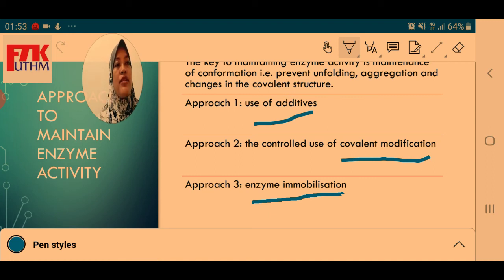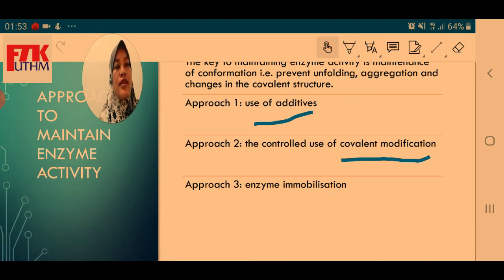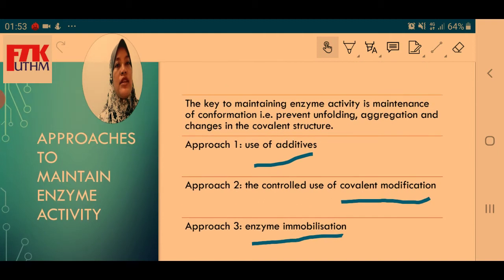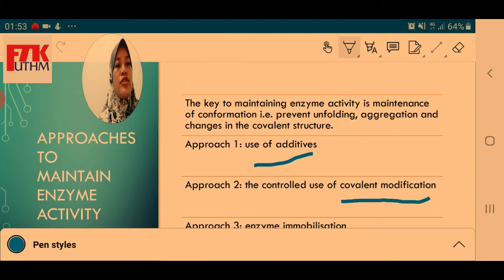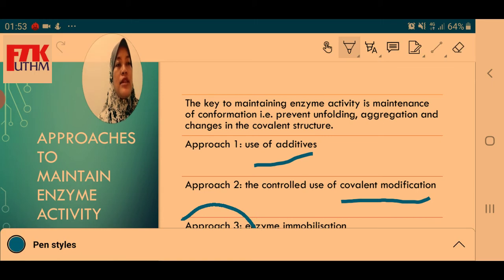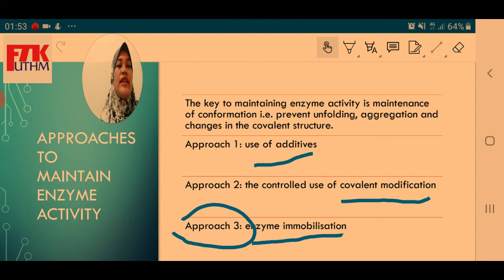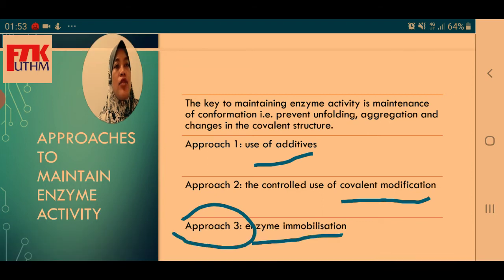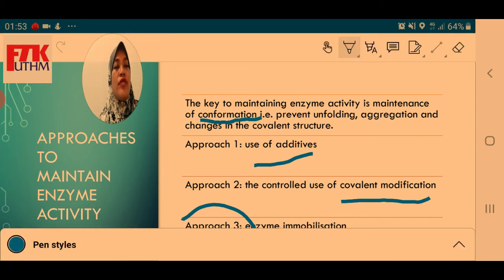Please correct me if I'm wrong, but we won't be covering that approach in this subject.